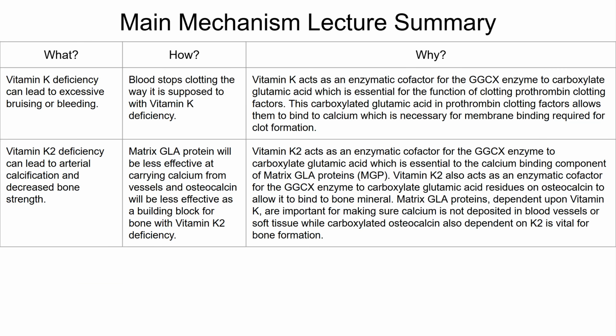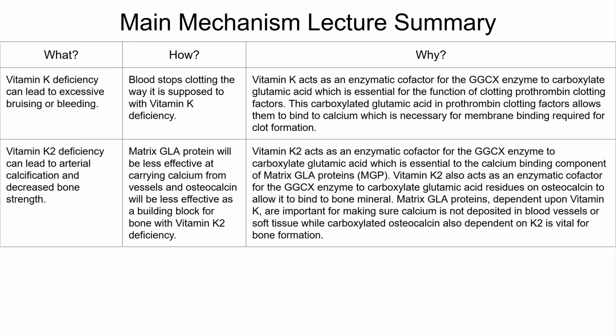The main takeaway as far as the what, why, and how behind the presentation is that vitamin K deficiency can lead to excessive bruising or bleeding. This is because vitamin K is an enzymatic cofactor for the GGCX enzyme, which carboxylates glutamic acid residues on prothrombin and clotting factors, allowing them to bind to calcium, which will be necessary for it to bind to membranes for clot formation.